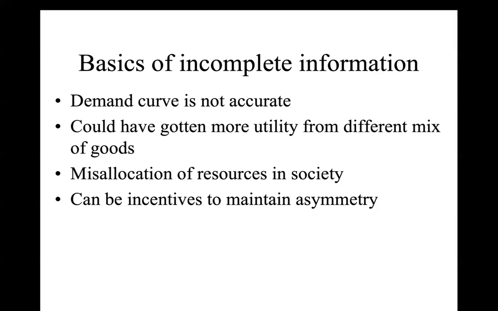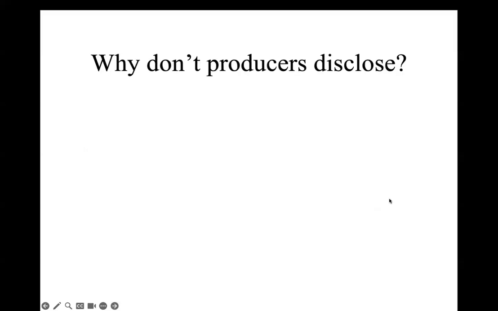Okay. And if consumers are showing a willingness to inaccurately assess demand curves and allocate their resources towards goods and services that aren't necessarily efficient for their objective, that may benefit me as the producer, and I'm going to have an incentive to maintain asymmetry. Okay.